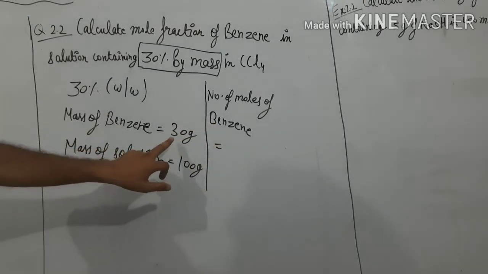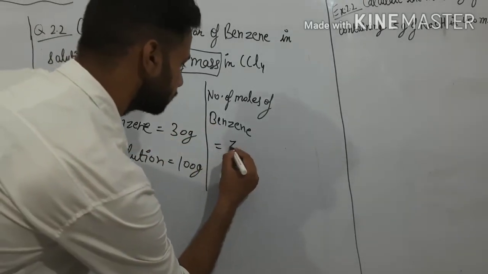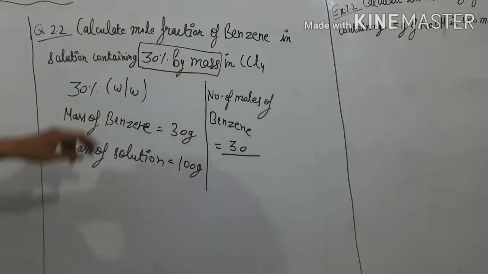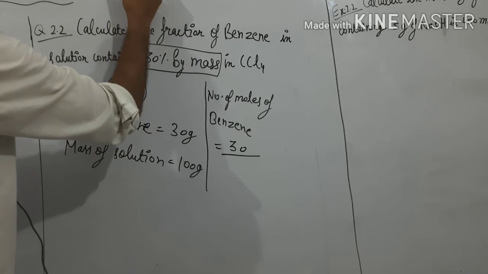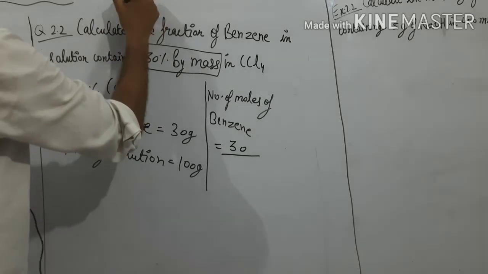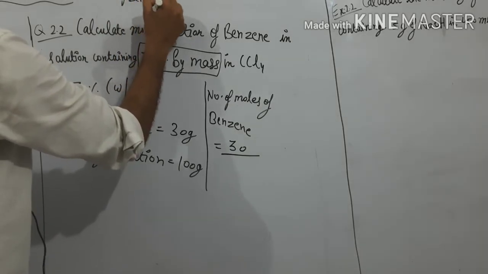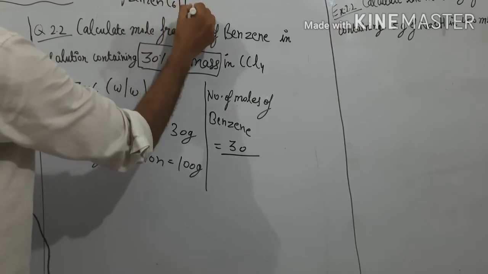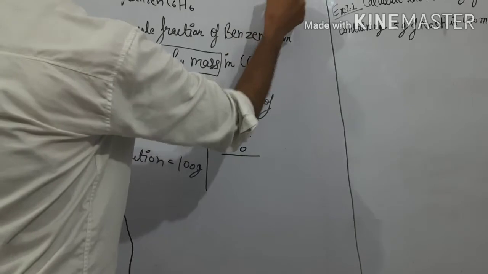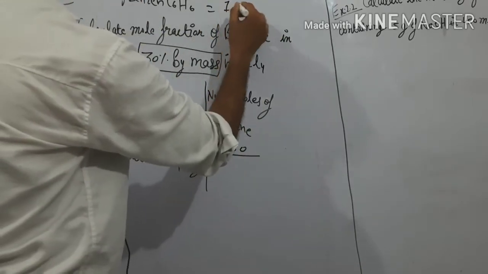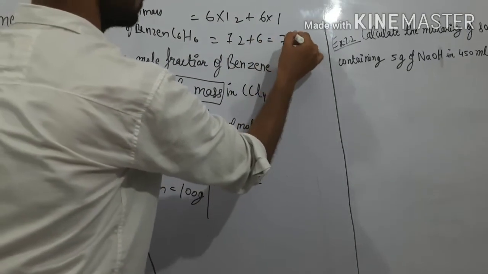So what is the mass of benzene? 30 gram. We have to find the molar mass of benzene. The molar mass of benzene, formula C6H6, is 6 into 12 plus 6 into 1. So this is 78.